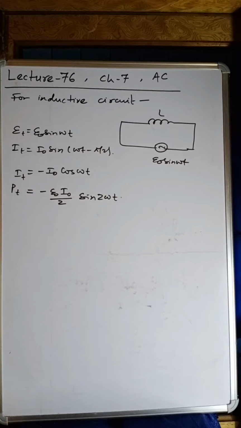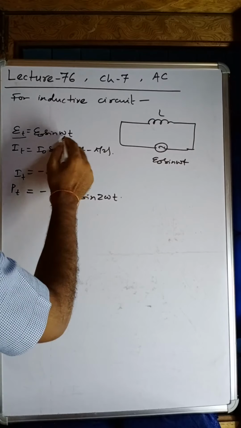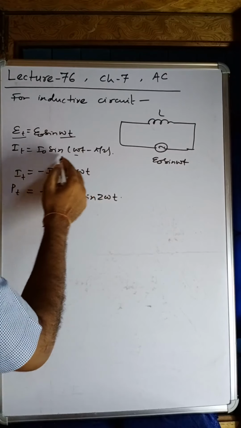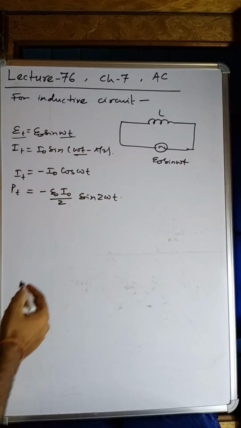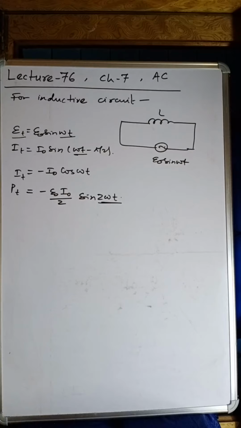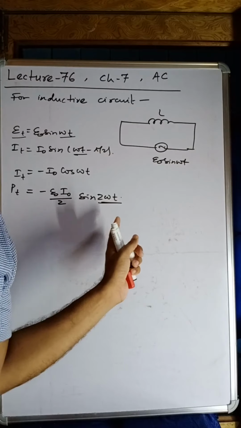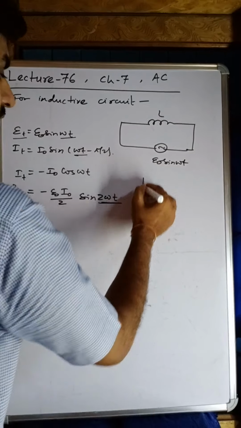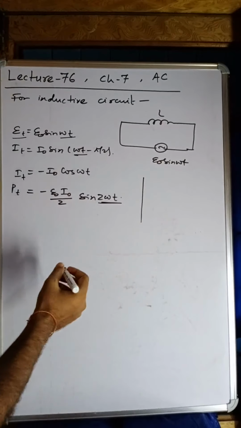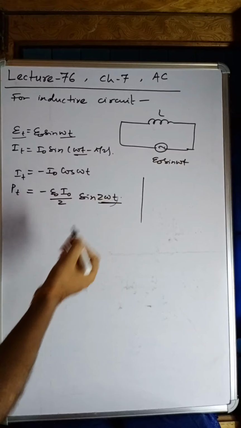But remember, the phase of e(t) is omega t, and for current it is omega t, but the phase of this one is 2 omega t. Remember, it is 2 omega t, and it will change the frequency of instantaneous power. Try to recall standard 11. You can find out the frequency of this one. First try to find out the time period.